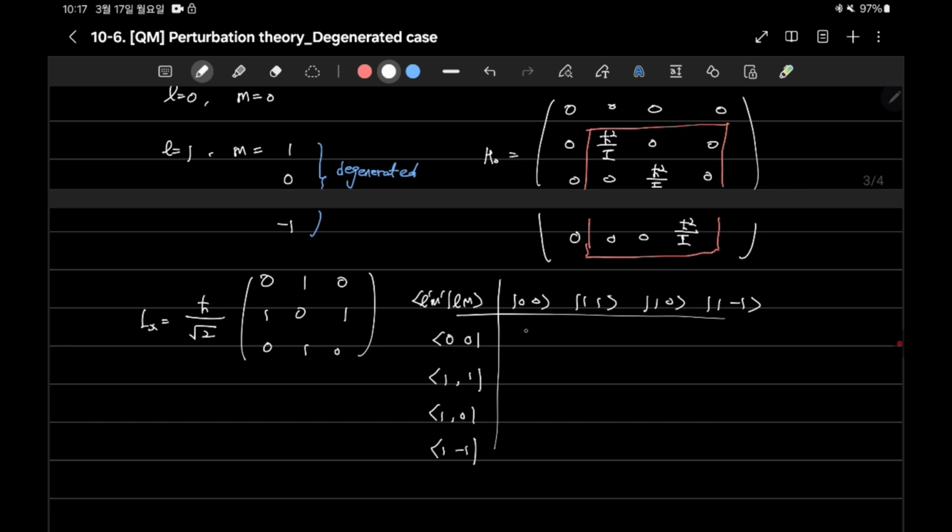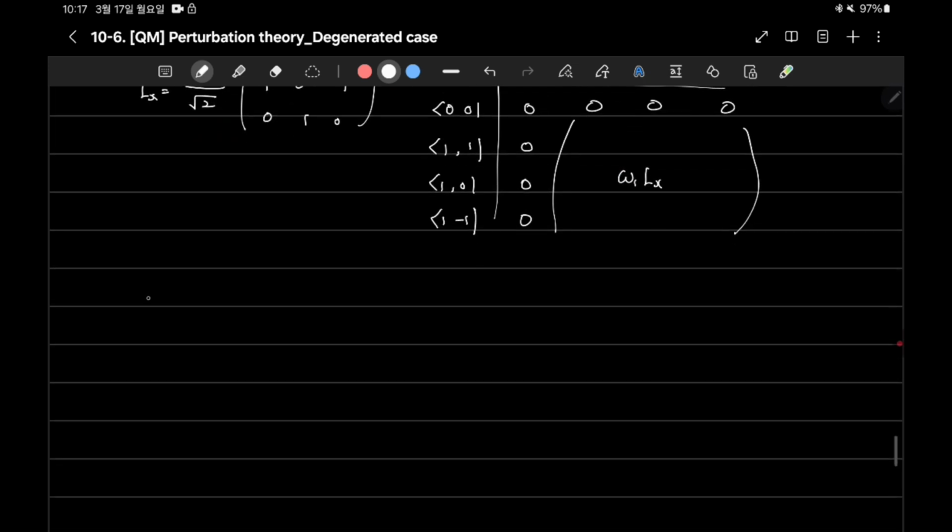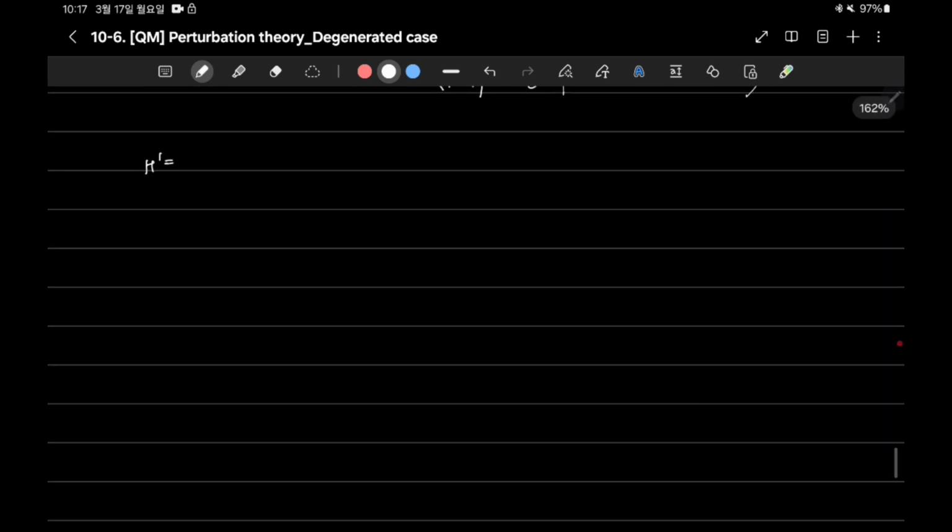In the 0 case all the terms are 0. The matrix H prime is a 3 by 3 matrix.